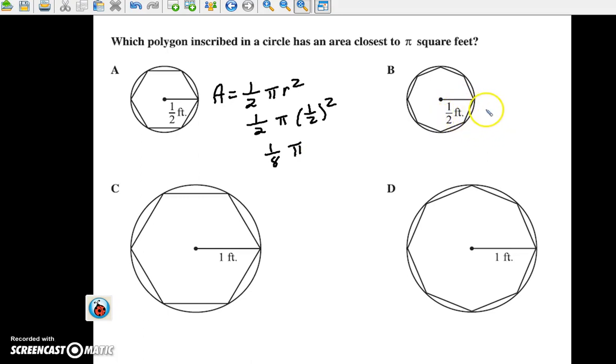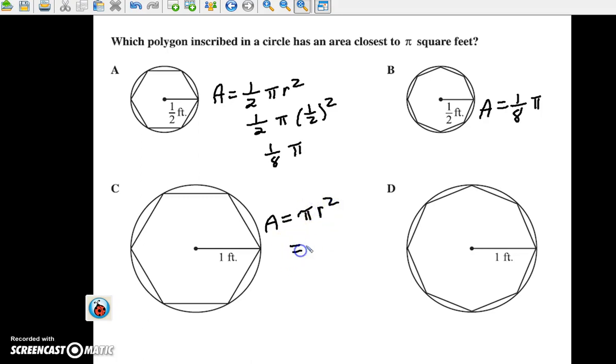Now this circle, if I find the area of the circle, area equals pi times radius squared.